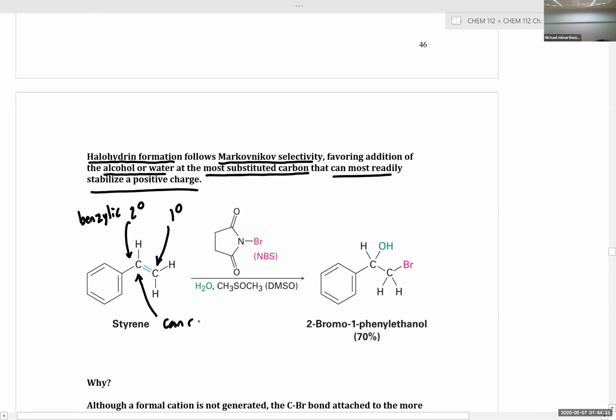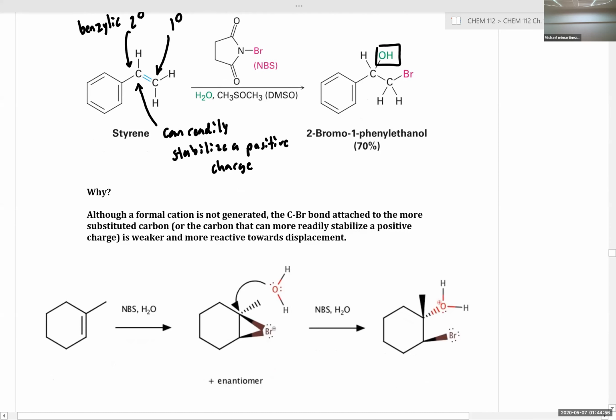So we can say that this site can readily stabilize a positive charge. Okay, and so that is why we see addition at our benzylic site. So to help explain this idea, although a formal cation isn't generated, the carbon-bromine bond attached to the more substituted carbon, or the carbon that can more readily stabilize a positive charge, is weaker and more reactive towards displacement.